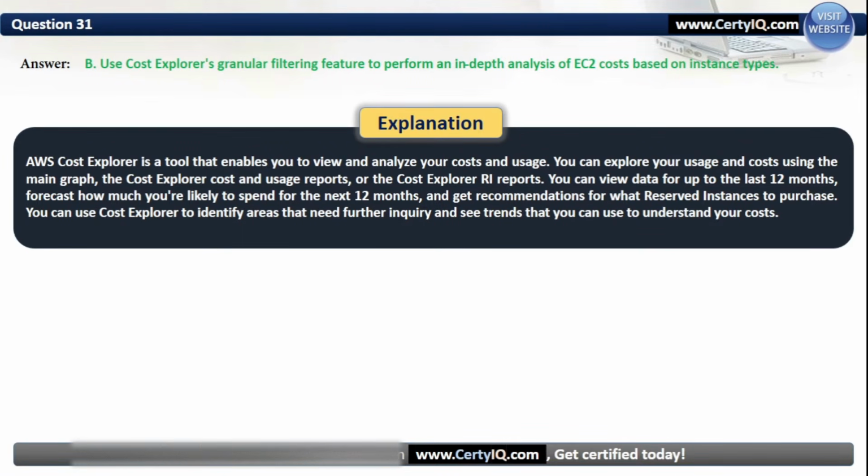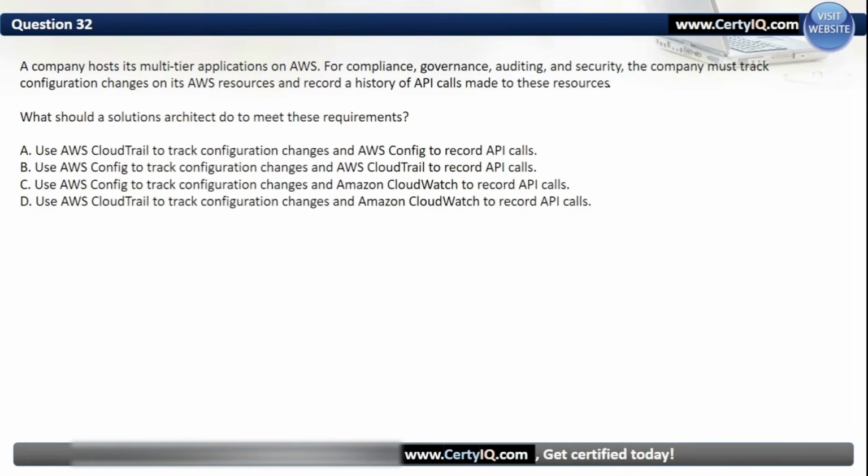You can view data for up to the last 12 months, forecast how much you're likely to spend for the next 12 months, and get recommendations for what reserved instances to purchase. You can use Cost Explorer to identify areas that need further inquiry and see trends that you can use to understand your costs.